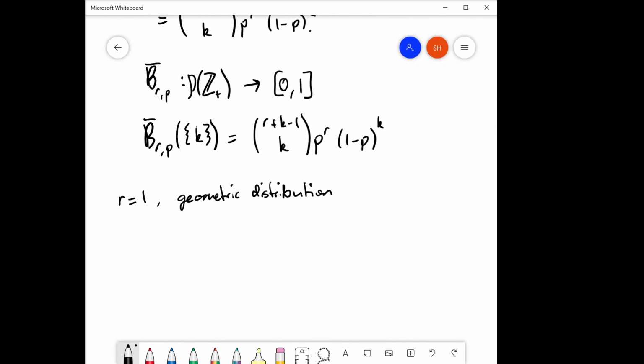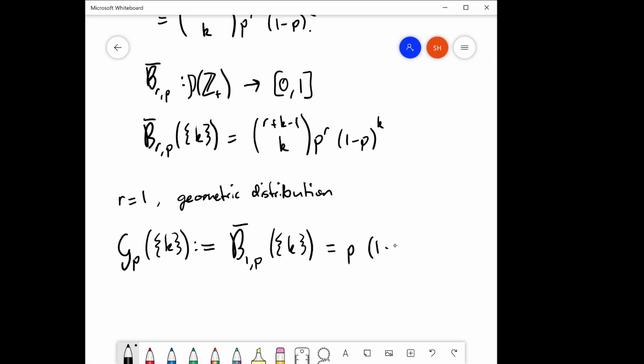We give it this notation, G, P of k, which is by definition just the negative binomial with r equals 1, p, of k. If you put r equals 1 here, you get r minus 1 choose k is 0, you get p to the r, 1 minus p to the k, so p times 1 minus p to the k.